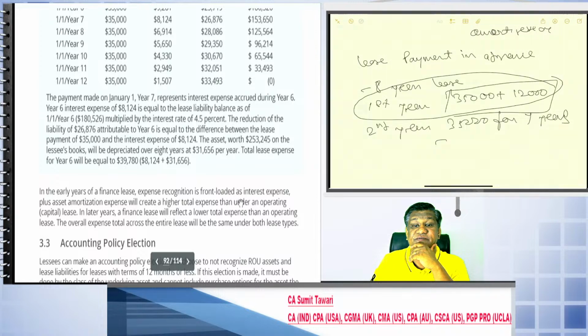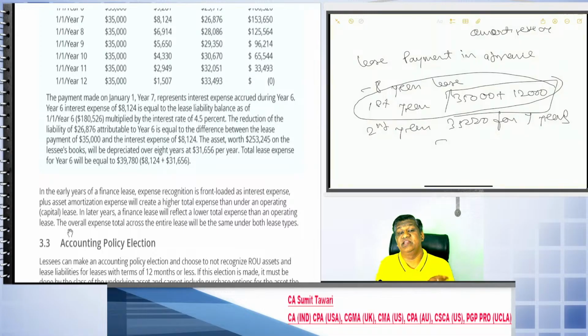Expenses are front loaded, as interest expenses plus asset amortization will create higher total expenses than under an operating lease. So in the latter years, a finance lease will reflect a lower total expense than an operating lease, which we just discussed. Okay. So in a finance lease, the lease expenses in the earlier period are higher and in the latter period lower, because we are amortizing the ROU on a straight line basis.